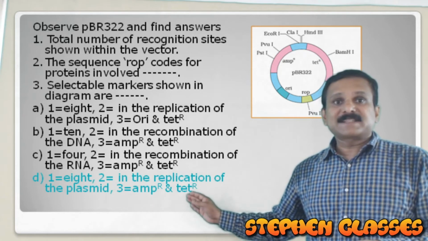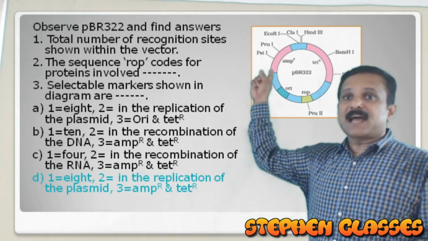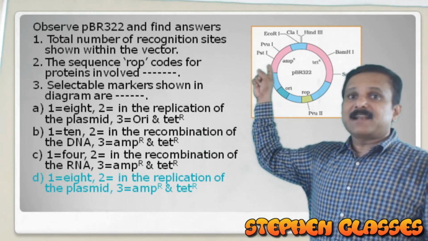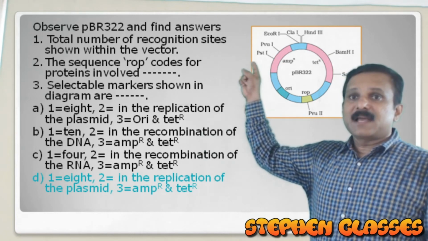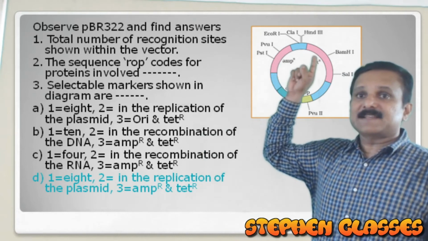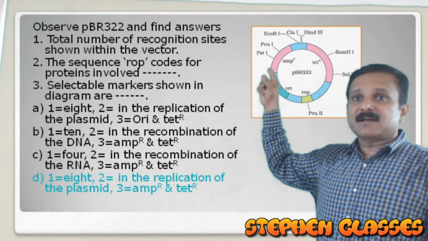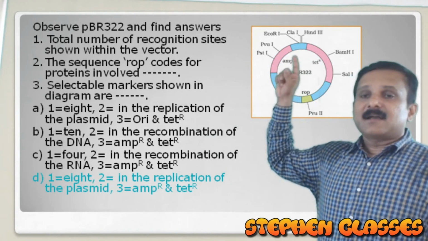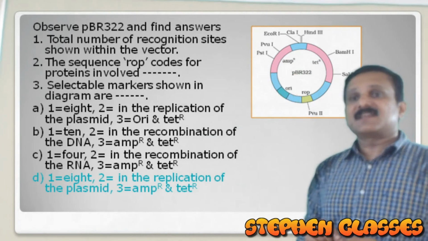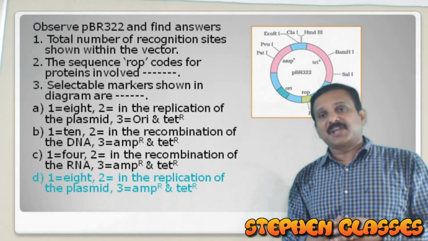Then what about selectable markers shown in the diagram? One is the ampicillin resistance sequence and the other is the tetracycline resistance sequence. So in this pink color, you can see the antibiotic resistance sequences or selectable markers in pBR322.